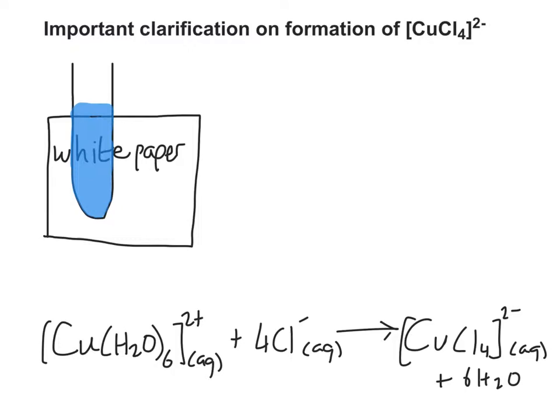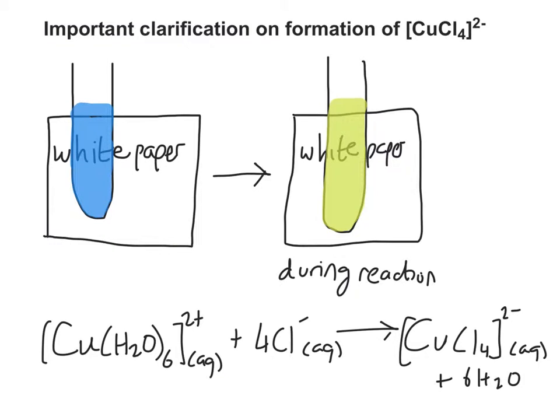So if you start with a blue solution of CuH2O6 2+, and you add 4 chloride ions in the form of concentrated HCl, as the reaction proceeds, it turns a greenish hue. This green is due to a mixture of the original blue and some of the new yellow that will be formed at the end.